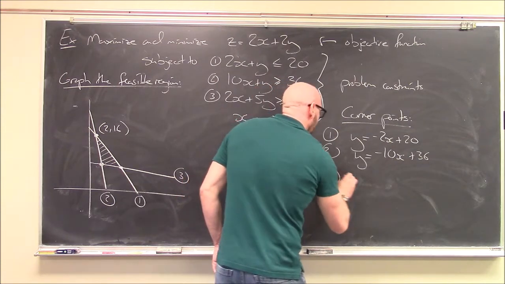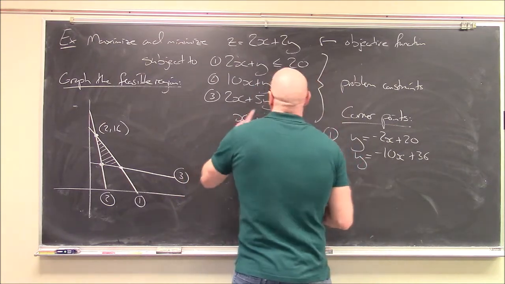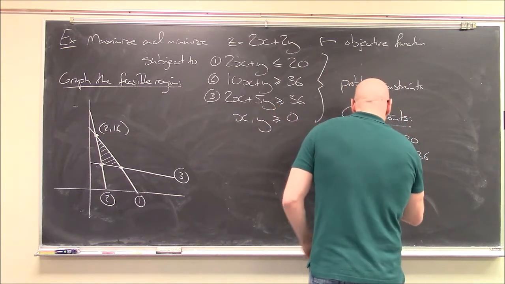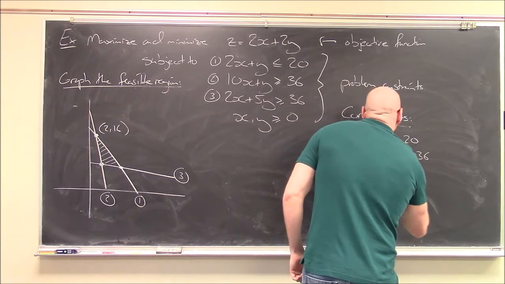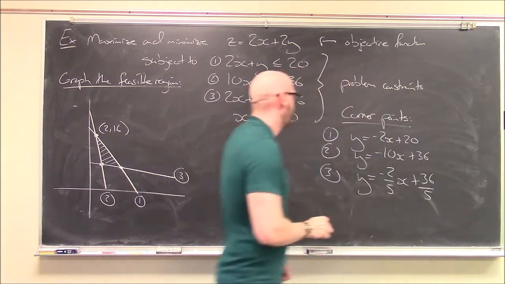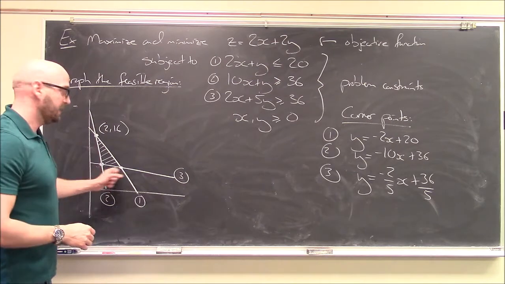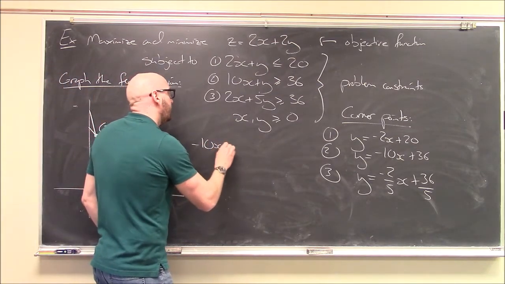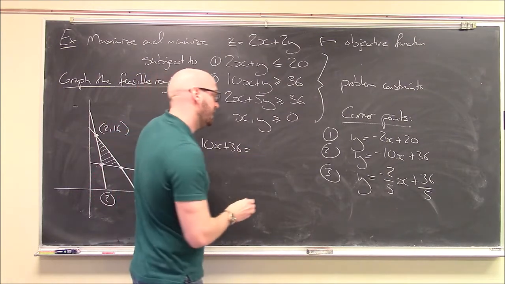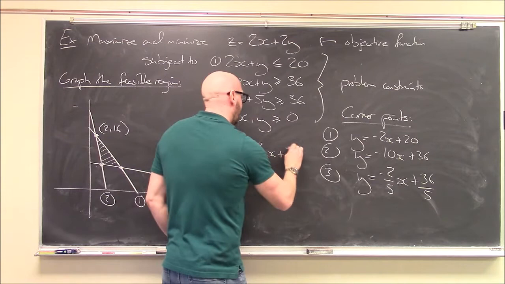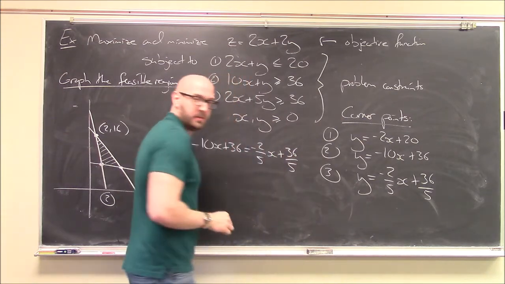So boundary line number 3 I've erased, but it was y is equal to minus 2/5 x plus 36 over 5. So we'll equate lines 2 and 3. We've got minus 10x plus 36 equals minus 2/5 x plus 36/5.